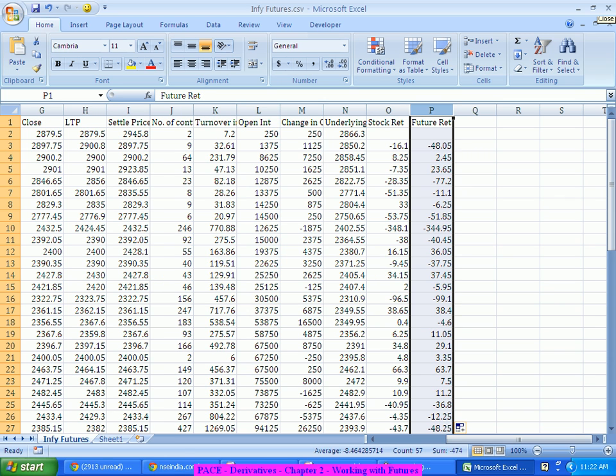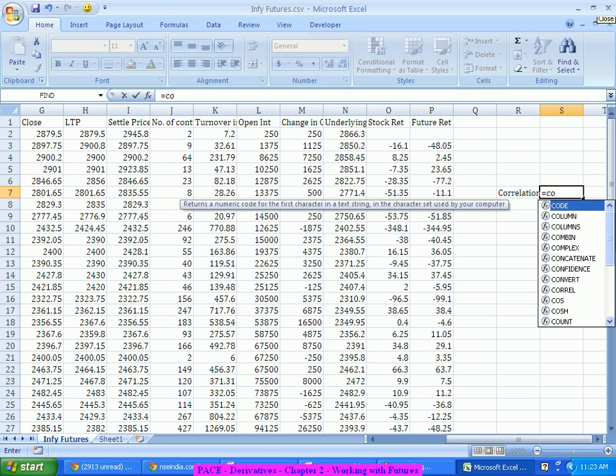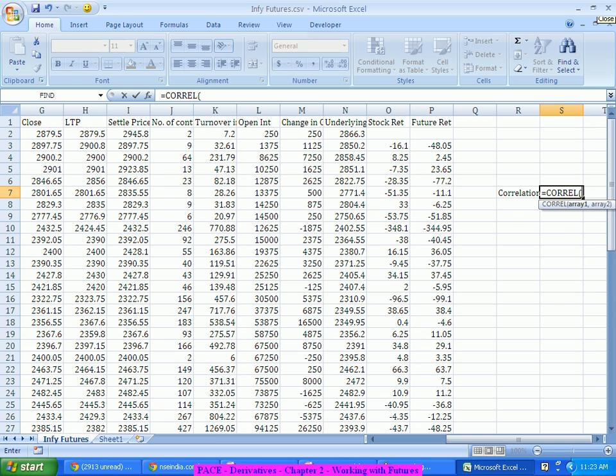That is where I am trying to see the correlation between the stock returns and the futures returns. I will find the correlation between these two returns using the Excel formula CORREL, where I give the stock return as one input, comma, the futures returns as another input.